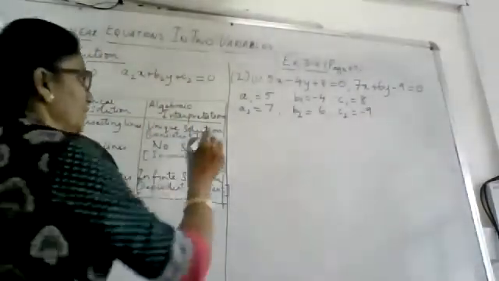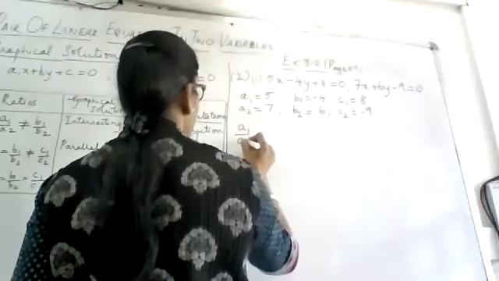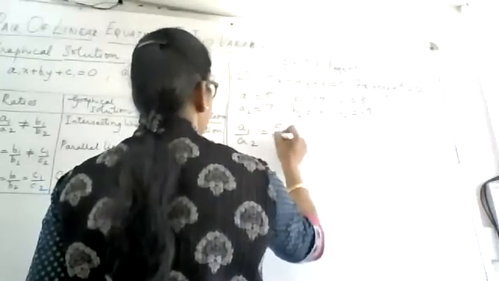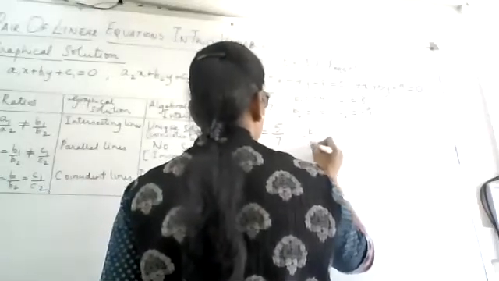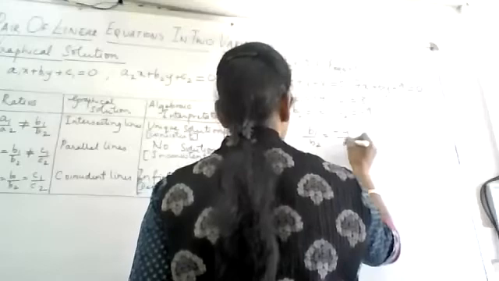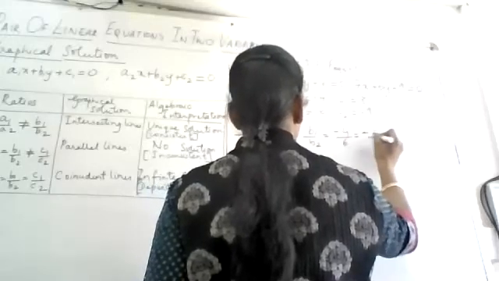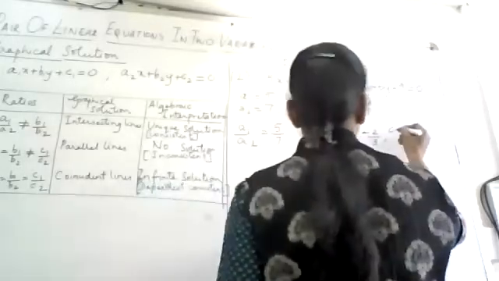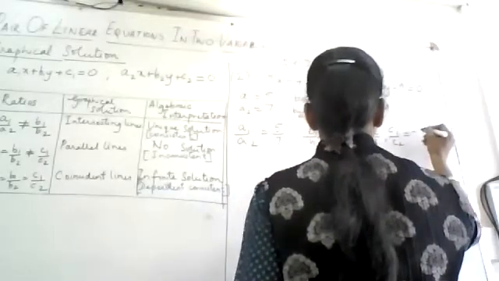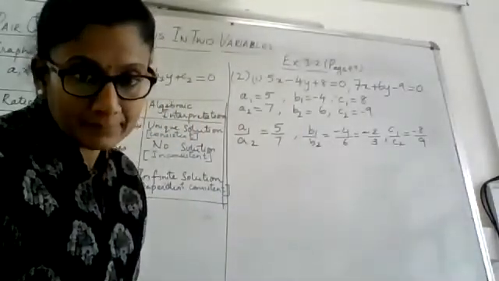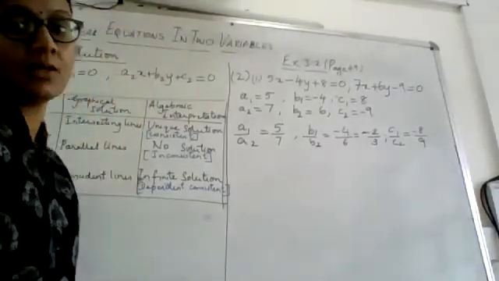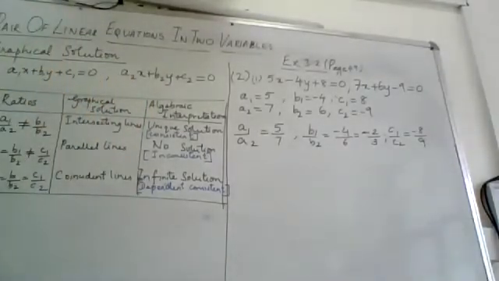Alright, so now I go to the ratios, that is a1 by a2 is 5 by 7. Then my b1 by b2 is negative 4 by 6, which I can take as negative 2 by 3. And the last one is c1 by c2, which will be 8 by negative 9 or negative 8 by 9. Both of them mean the same. Alright, so now I got a1 by a2, b1 by b2 and c1 by c2.